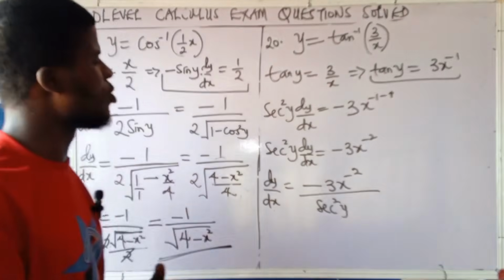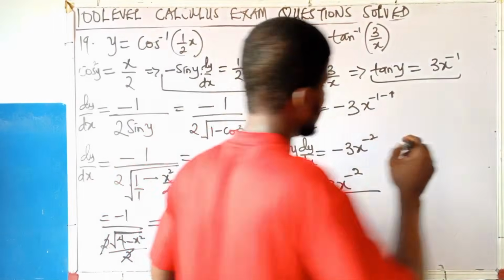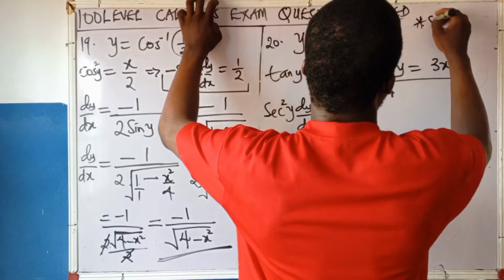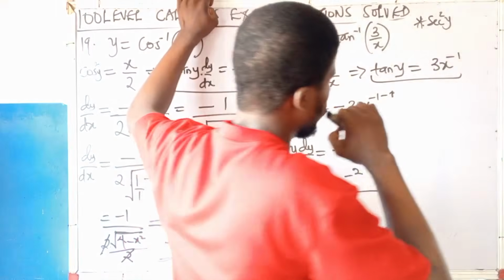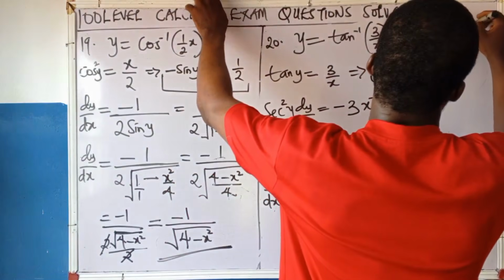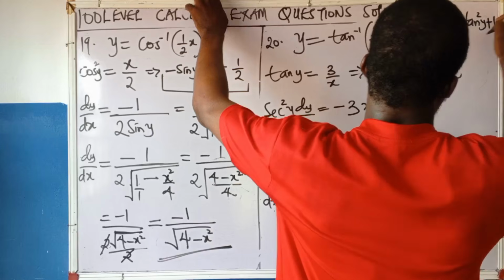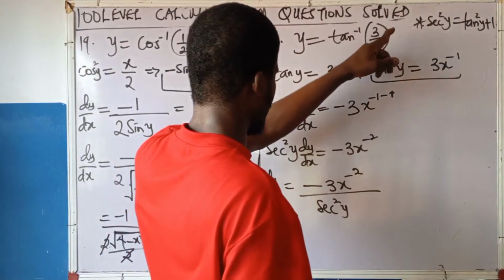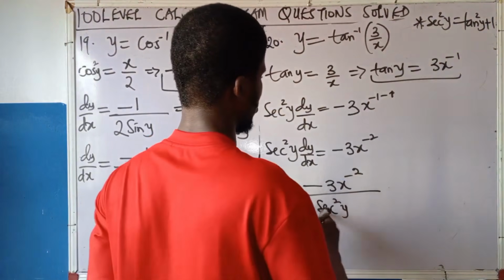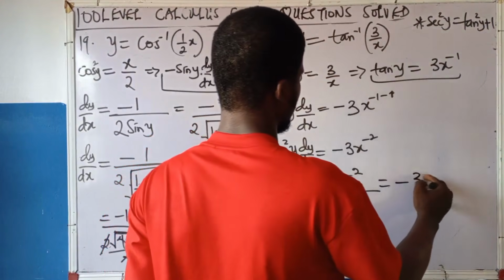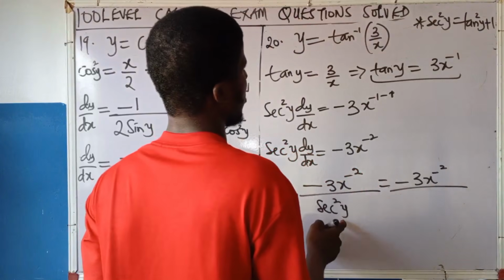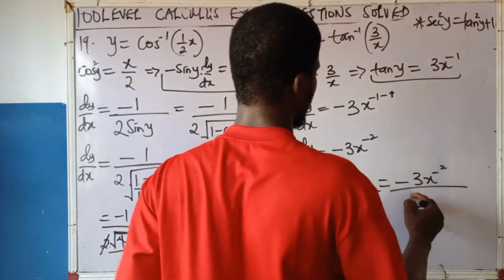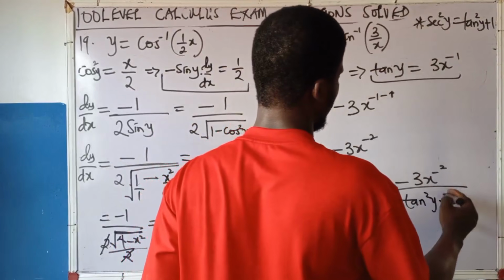But take note of this formula in trigonometry: sec squared y is equal to tan squared y plus 1. So based on this trigonometric identity, in place of sec squared y, I can write tan squared y plus 1.